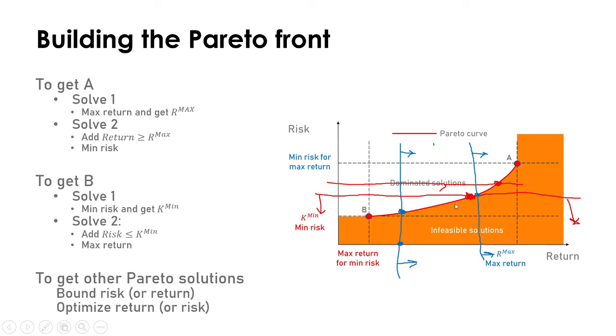You pick a series of points here, and you repeat the process for each of those, and you get different points of your Pareto curve. You might not be interested in exploring the full front, but just an area around where the preferences of the decision maker are. Sometimes this is easy to solve because it doesn't take much time. Sometimes for complex problems, it can be very demanding in terms of computing time.